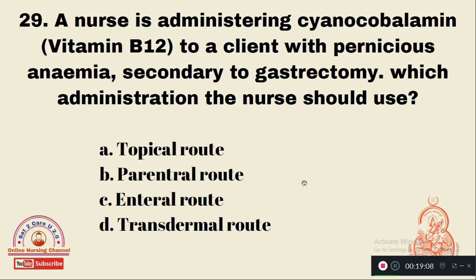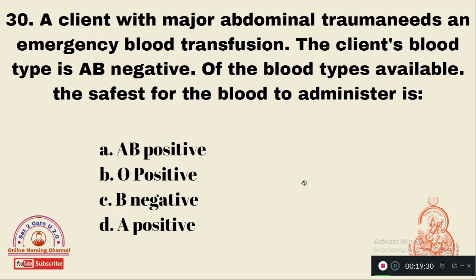Option C, enteral route. Option D, transdermal route. The right answer is option B, parenteral route, which is indicated when you give cyanocobalamin to a client who has pernicious anemia secondary to gastrectomy.